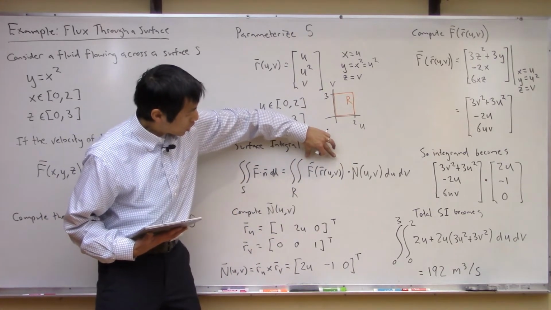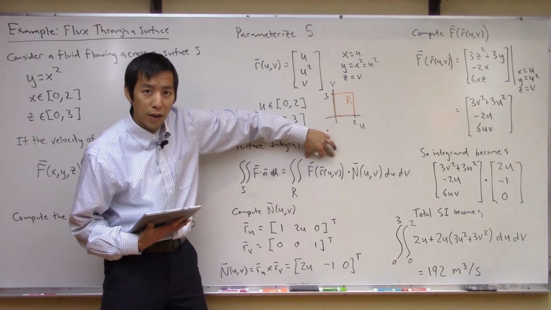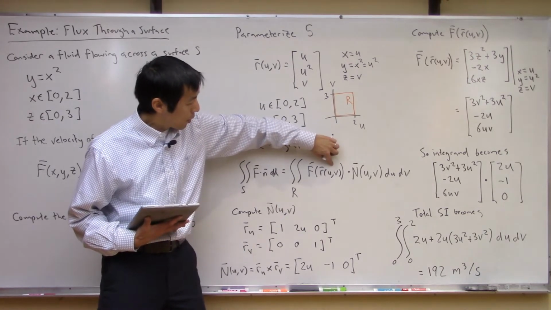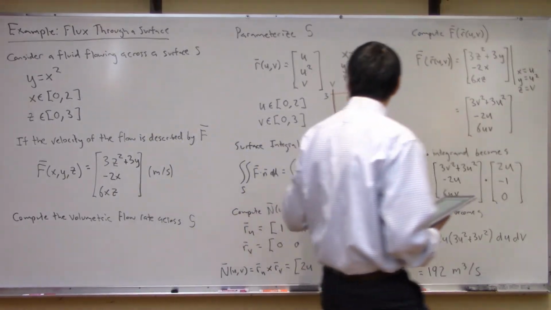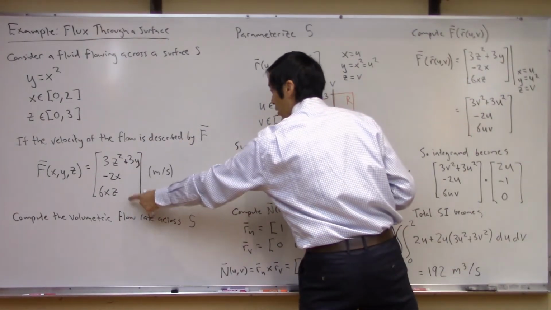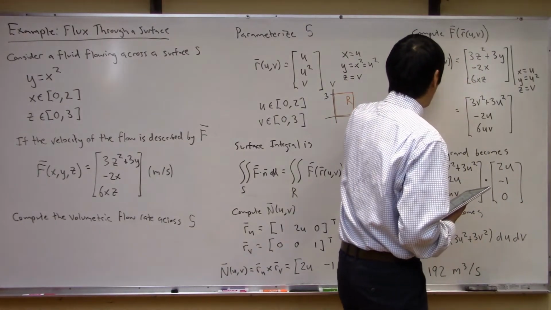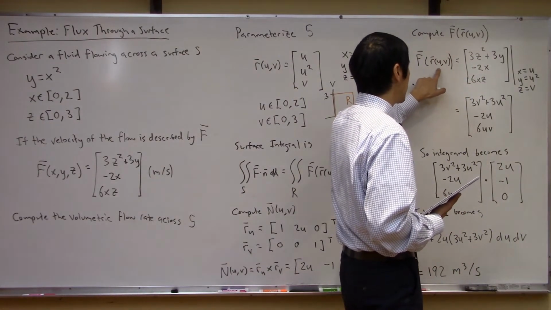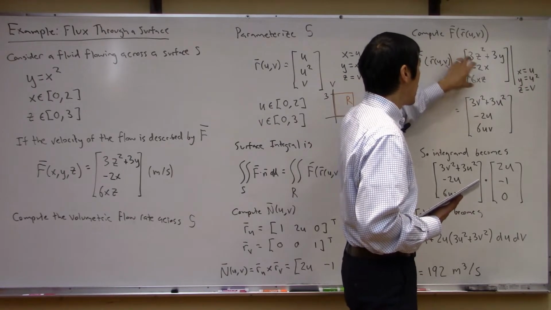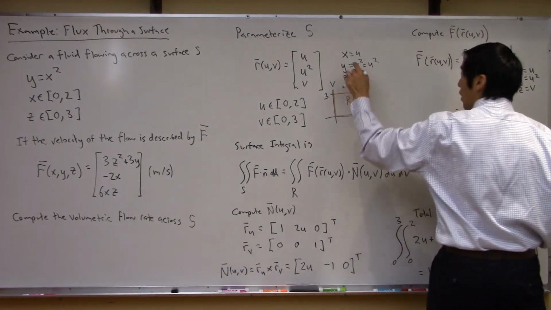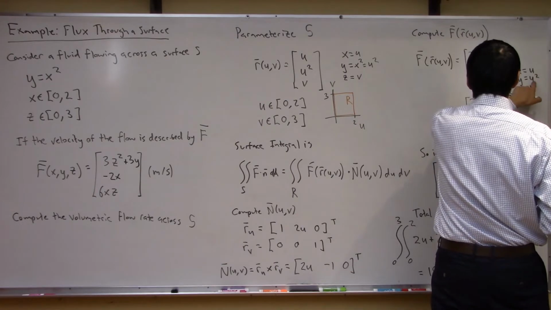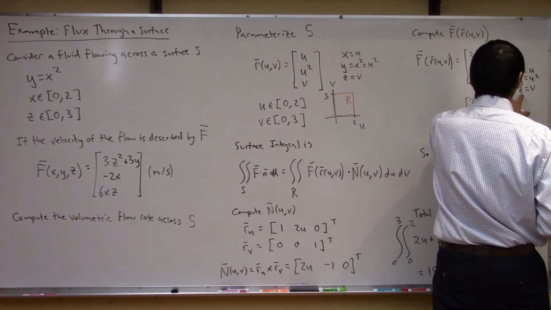Now let's focus our attention on this term, which is the vector function evaluated along our parameterization. Again, our vector function f is right over here, and I've just rewritten it here. But if I want to evaluate it along our parameterization, we have to evaluate this where x equals u, y equals u squared, and z equals v.